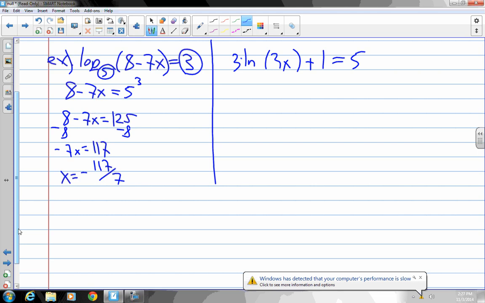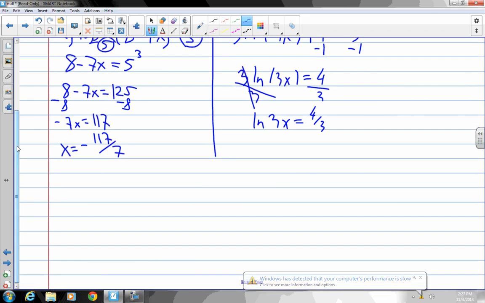Subtract 1: 3 natural log of 3x equals 4. Divide by 3: natural log of 3x equals 4/3. Now it is in that log equals a constant form.